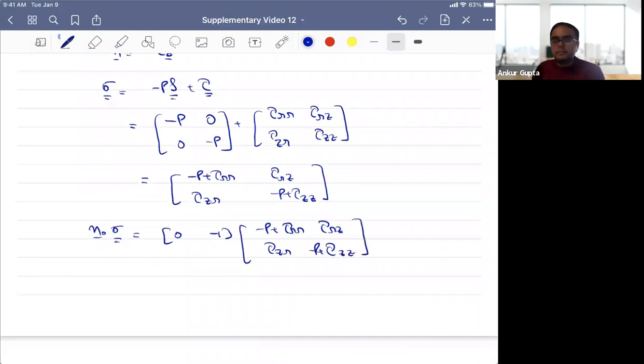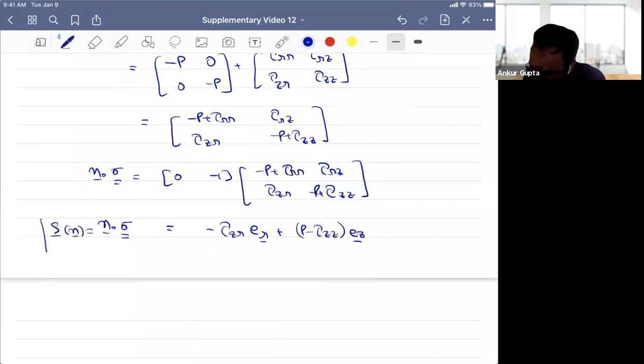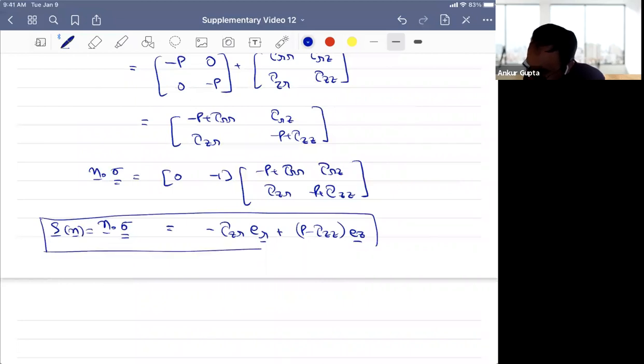Finally, once you calculate this, you will get minus tau ZR ER plus P minus tau ZZ EZ. That's the important part. So this is n dot sigma, the same as the stress vector S of n. This is what we can calculate, and I think this was a bit rushed in the class. So this is something you will be able to calculate. This is how we do all the force problems, right?